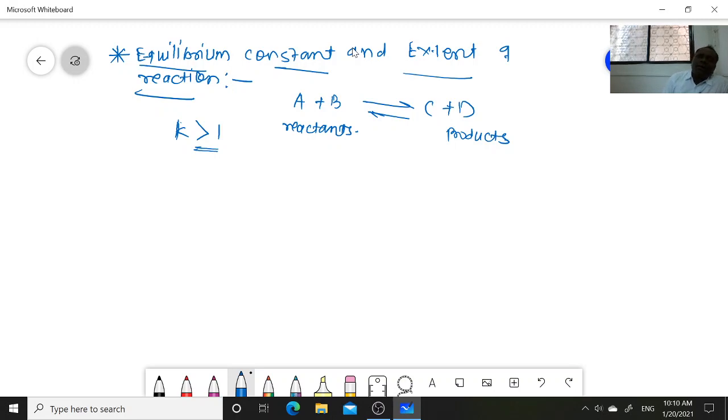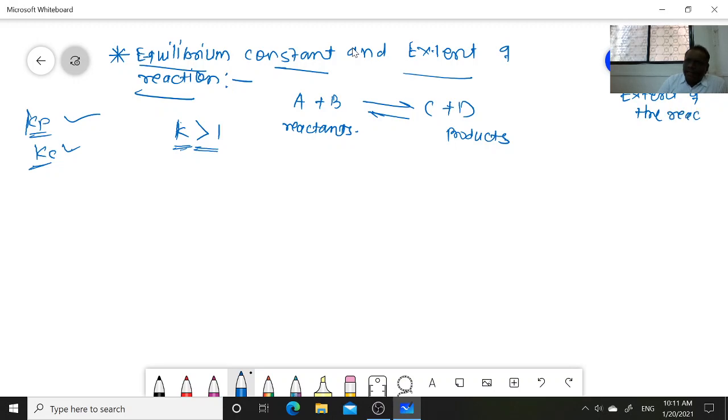Now, we know Kp and Kc: Kp when pressure is used, when the gas is used, Kc when concentration is used. Both are the equilibrium constant, right? This is the pressure, this is the concentration. As I told you, this equilibrium constant determines the extent of the reaction.